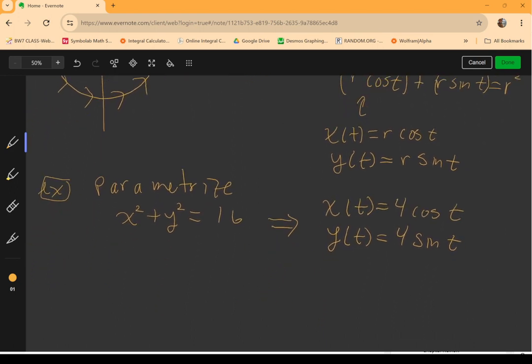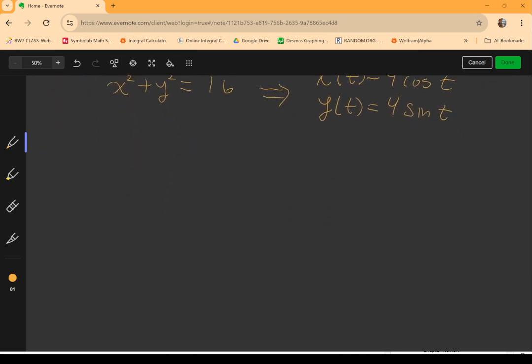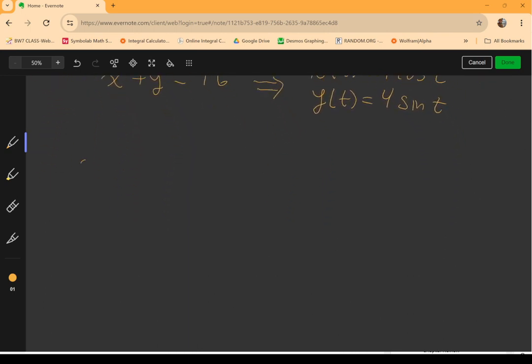Now, in a similar vein, we can parametrize an ellipse. The general equation of an ellipse centered at the origin looks something like this: x squared over some factor plus y squared over some factor.